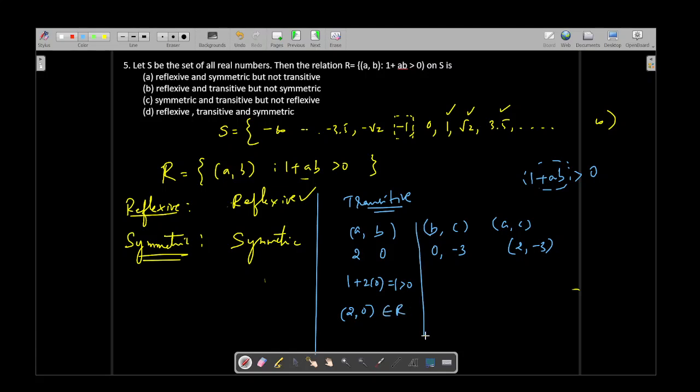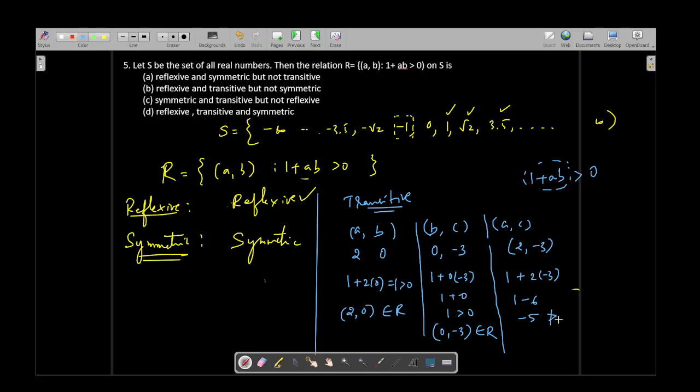Here, 0 and -3: 1 plus 0 into -3 is 1, which is greater than 0, so (0, -3) is also a member of R. Now we have to check whether (2, -3) is a member of R or not. 1 plus 2 into -3 is 1 minus 6, which is -5.